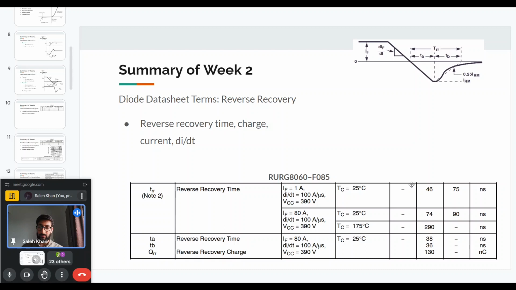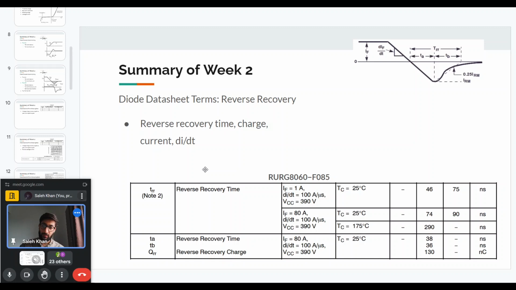Here we also see the times TA and TB. TA is the time it takes for the negative current to reach the peak negative value, and TB is the time from the peak negative to close to zero. You can see these two times are very similar, and so the softness factor will be around 1 in this case. And finally, the reverse recovery charge is also given.